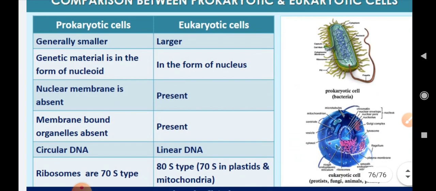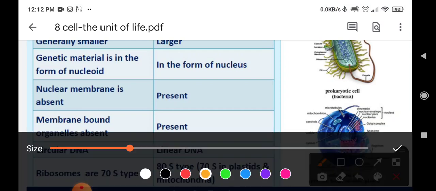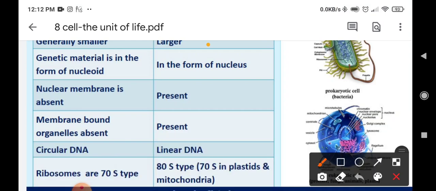Now let's recall the difference between prokaryotic and eukaryotic cells also. If you see the size, prokaryotic cells are generally smaller, but eukaryotic cells are larger.